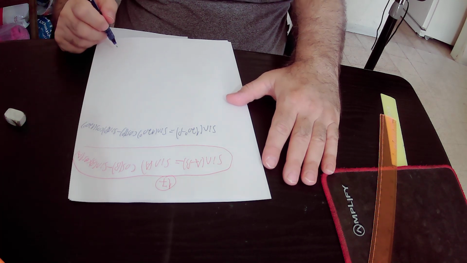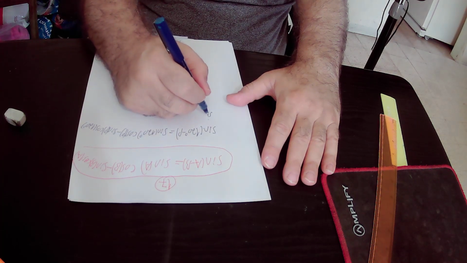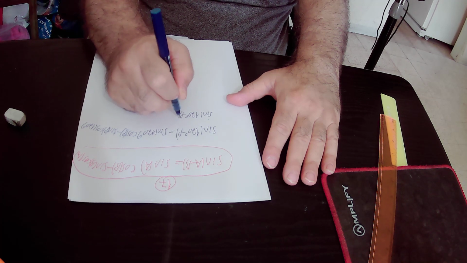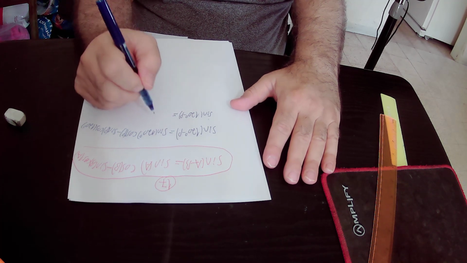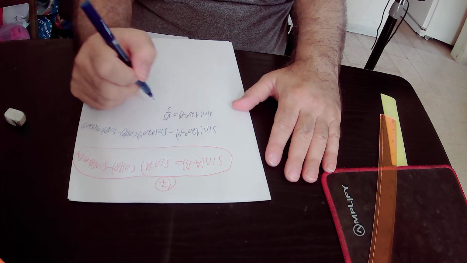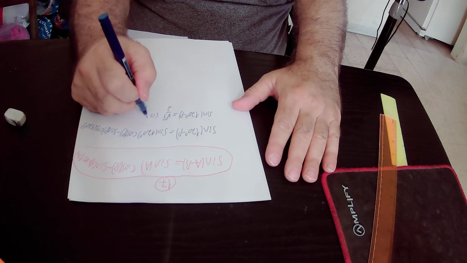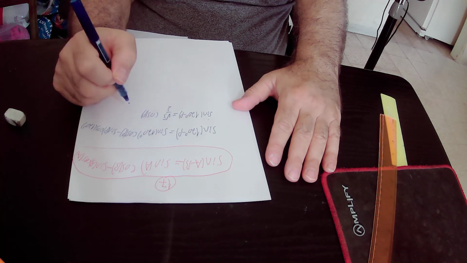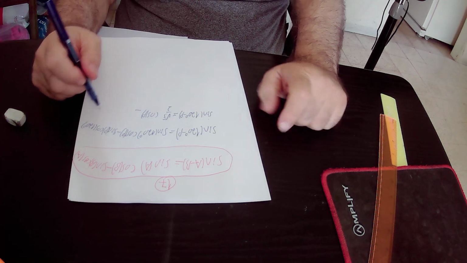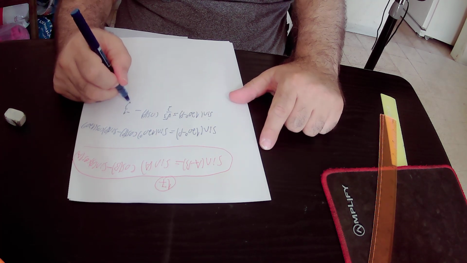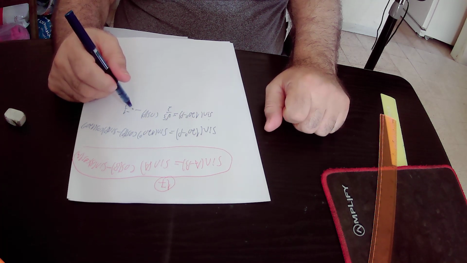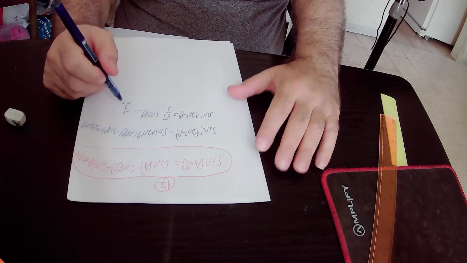Okay, so actually sine 120 degrees minus p equals sine 120 degrees, which is root 3 over 2, times cosine p, minus cosine 120 degrees, which is minus 1 over 2. Minus times minus is plus.